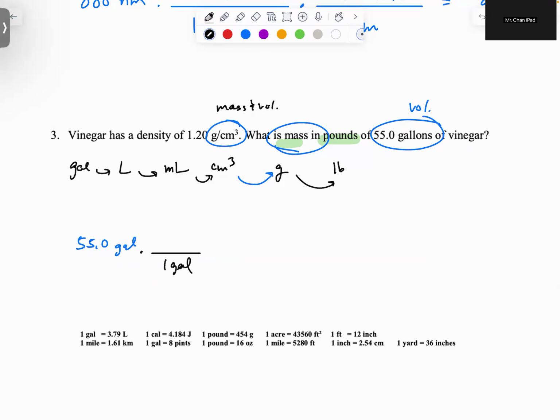1 gallon is 3.79 liters. So now I know how many liters there are. Now, what I just said is very crucial, your ability to state that, oh yeah, I know how many liters there are.